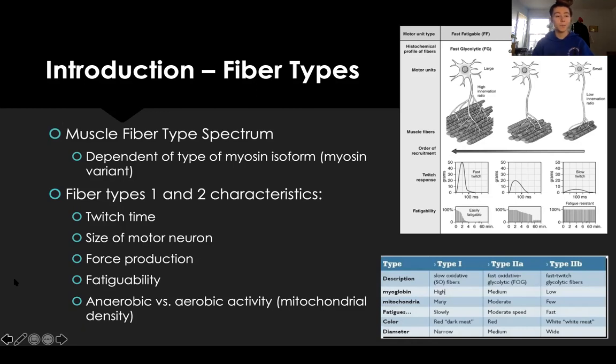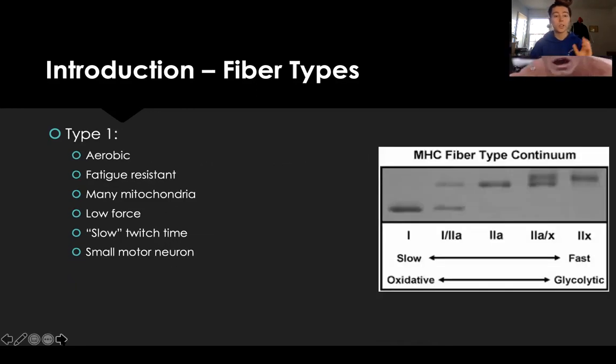Basically, your type 1 and type 2 characteristics are defined by their twitch time, how fast they are, the size of the motor neuron, force production, fatigability, so how fast they fatigue, and their aerobic or anaerobic activity. Type 1 is going to be your aerobic fibers.